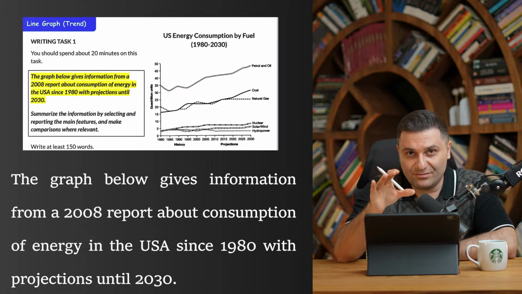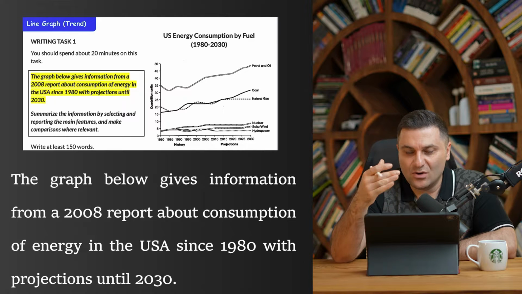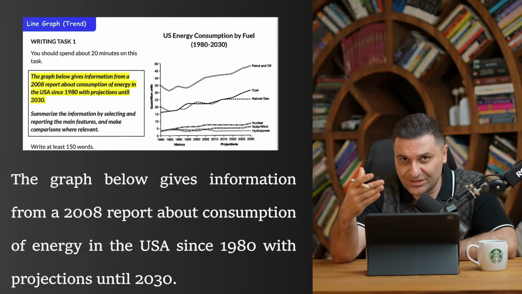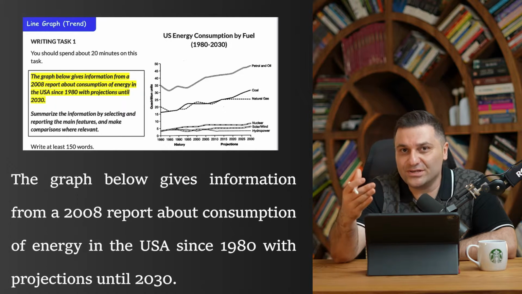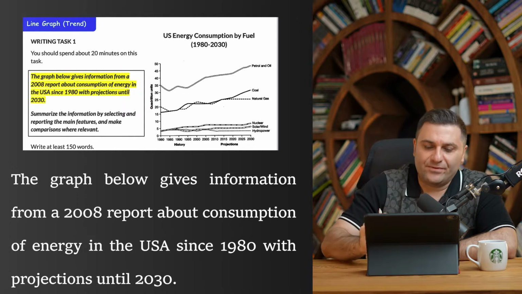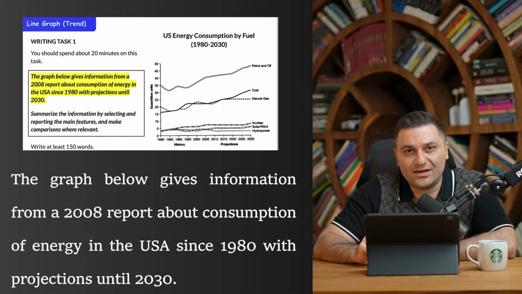So it is a mixture of past tense and future tense, as you can see. And we are going to rephrase this question, making an opening sentence. All right. Now, let's take a look at the question in detail.